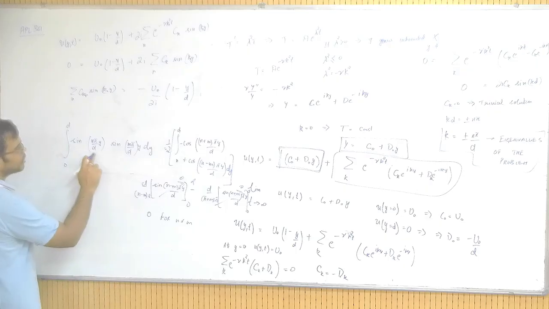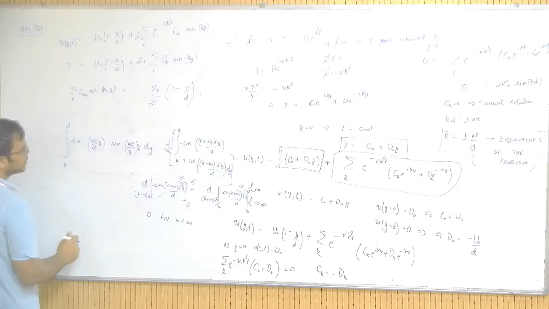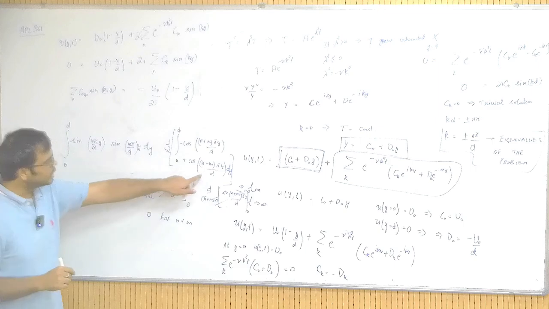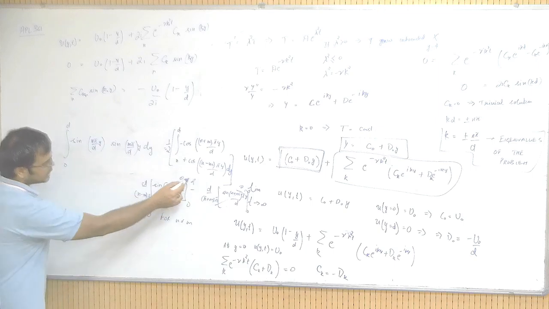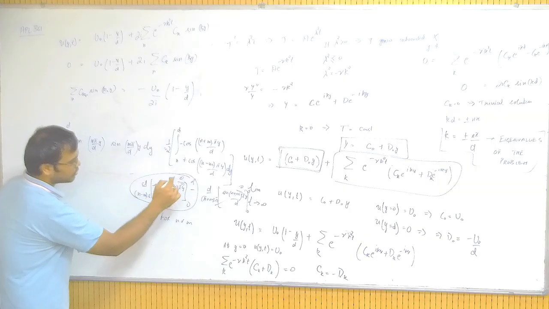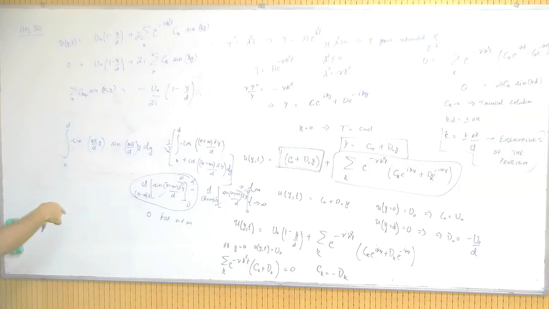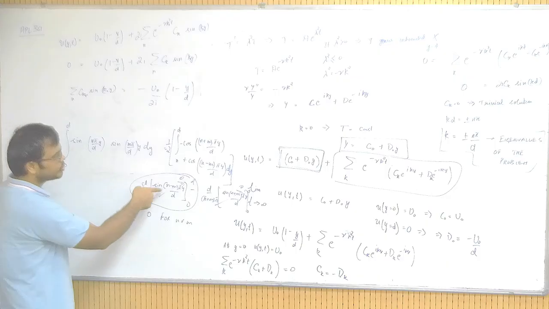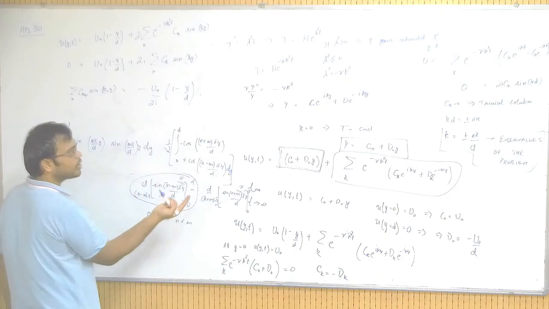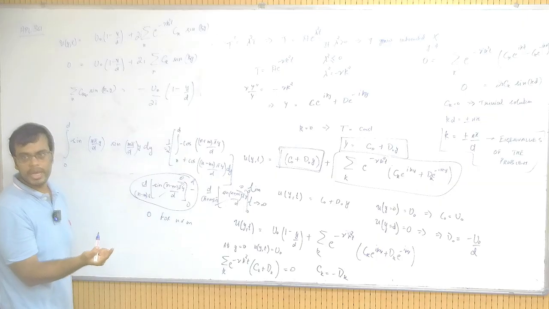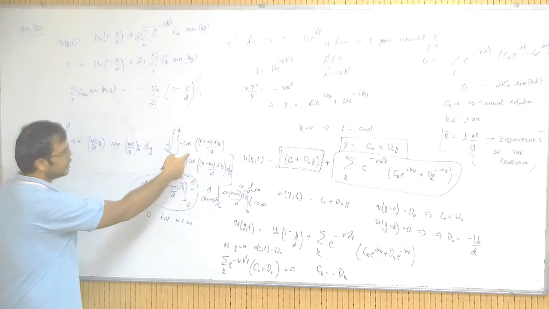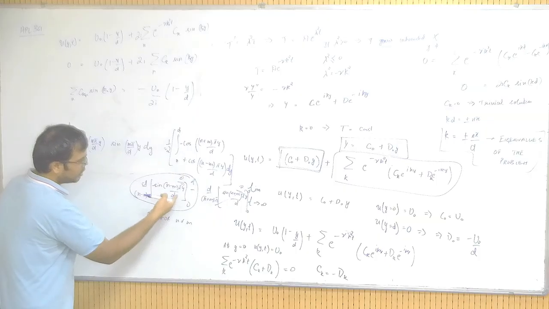But when n is equal to m, what can we do? This becomes sine square n pi y by d. This case is singular when n is equal to m, so we have to evaluate this in the limit of n becoming equal to m. Some students say, oh, but this relation is not specific to n being equal to m or not. Yes, you are right, but the integral that you get will be singular.